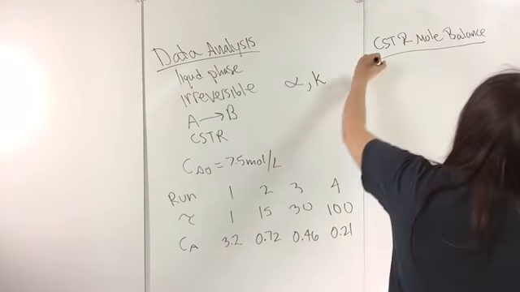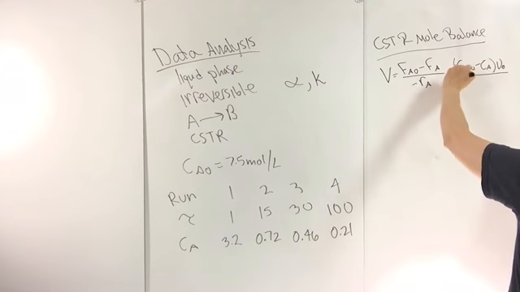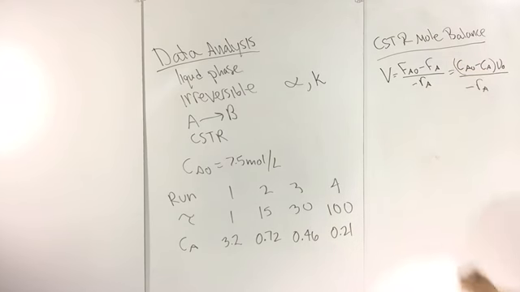This is the mole balance that's at the end of chapter 1. And then we want this in terms of concentration because that's what we have here. So we want it in terms of concentration and tau: Ca naught minus Ca multiplied by V naught over minus Ra.